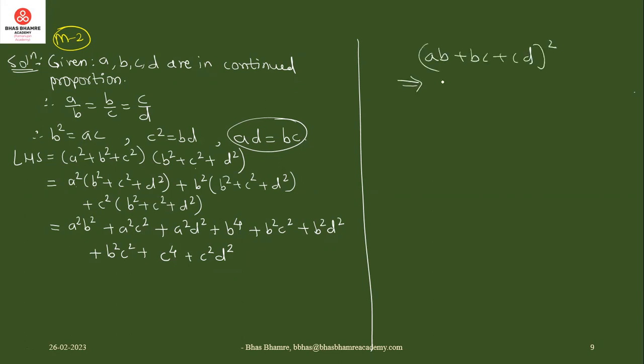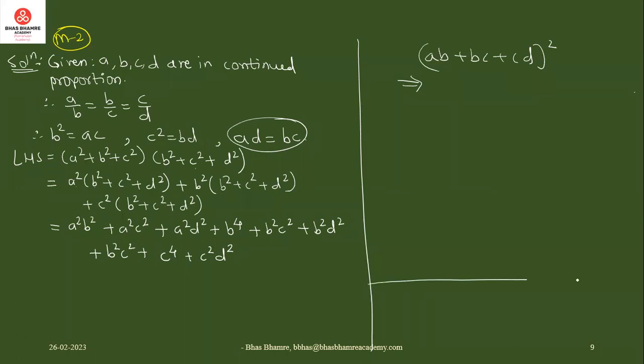Can you tell me how many terms are there in this expansion? AB plus BC plus CD, the square of a trinomial.